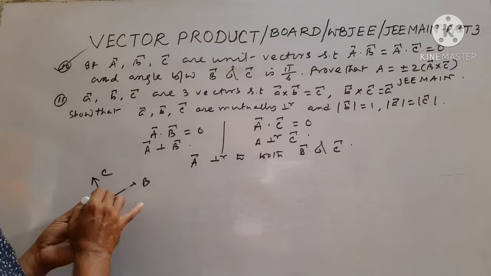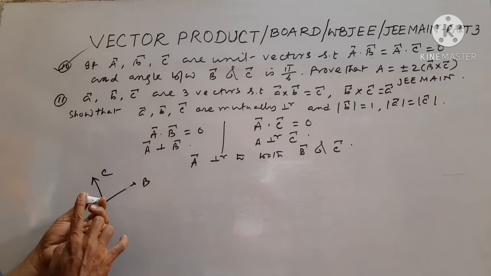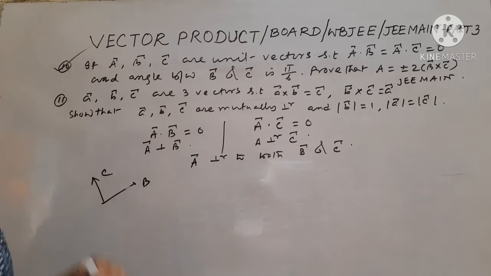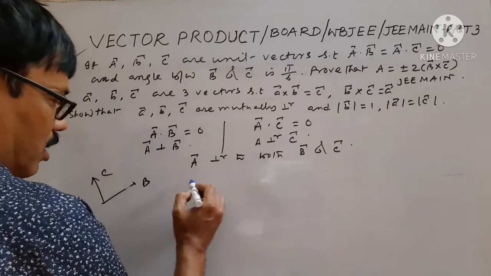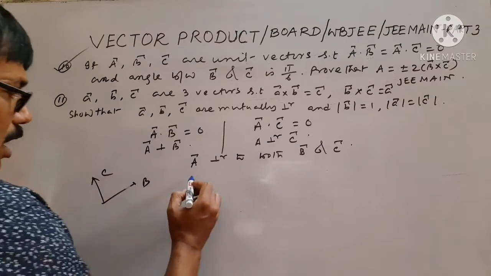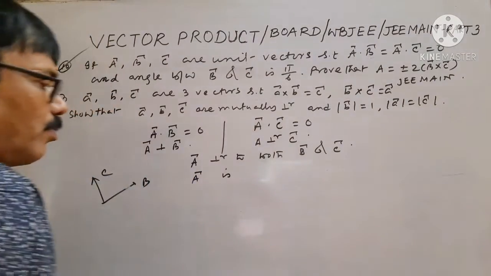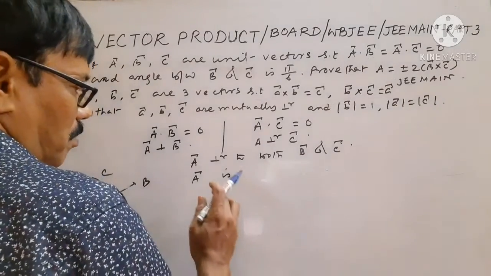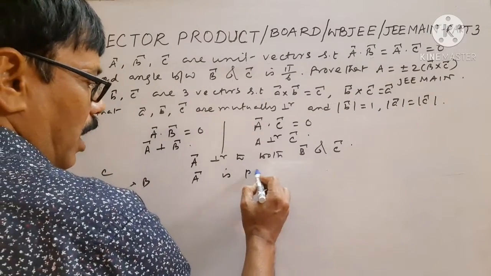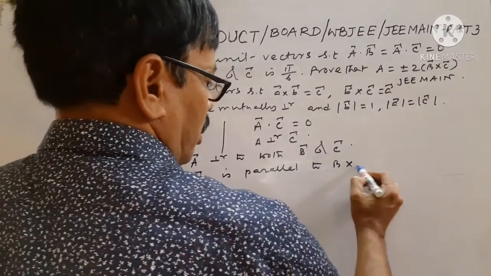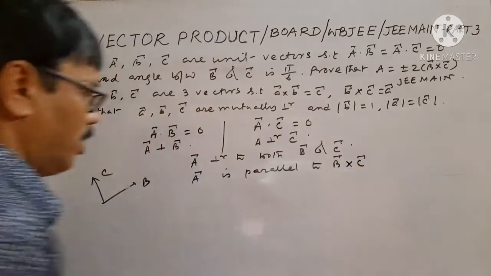So perpendicular to both B and C in this direction. So A is parallel to B cross C. So we can say A is parallel to B cross C. Now this step is important.